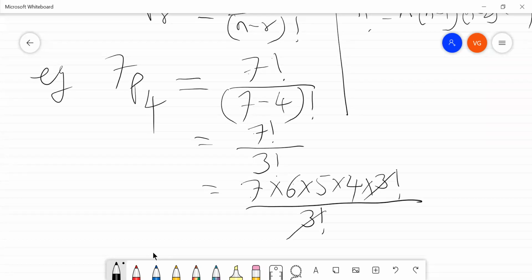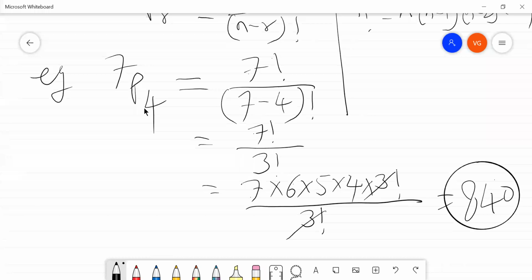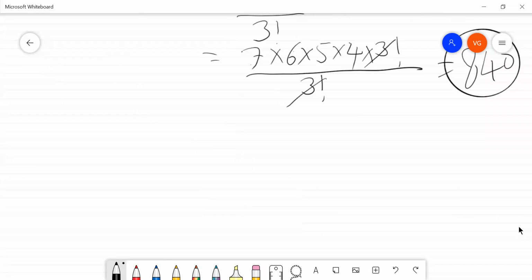So these cancel and I am left with 7 into 6 into 5 into 4, which gives you 840. That means the total number of arrangements of 4 objects out of 7 will be 840. Then some problems we have solved. So today we are going to solve some more problems.